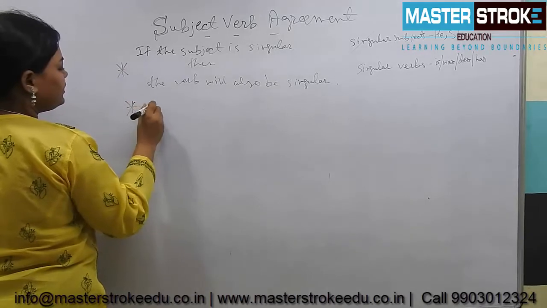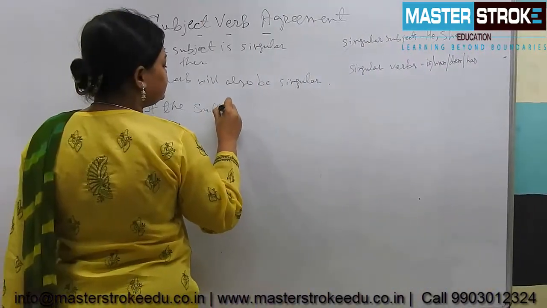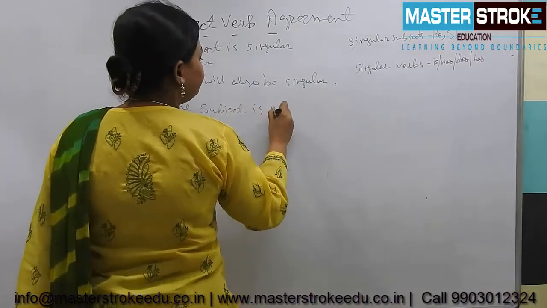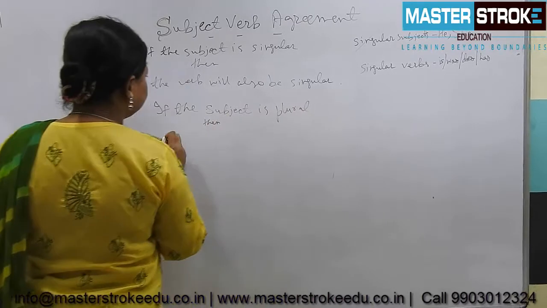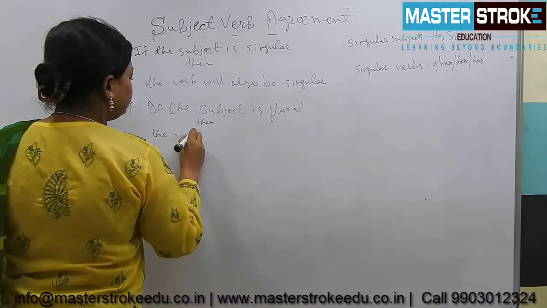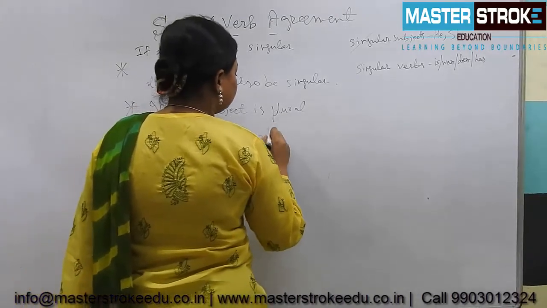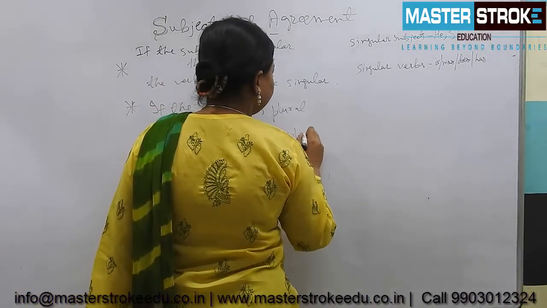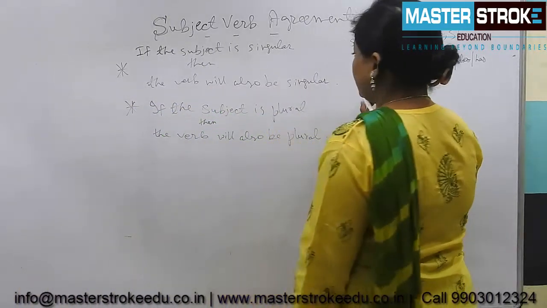Now this is rule number 1. Rule number 2 is, if the subject is plural, then the verb will also be plural. Again, not very complicated, not very difficult.